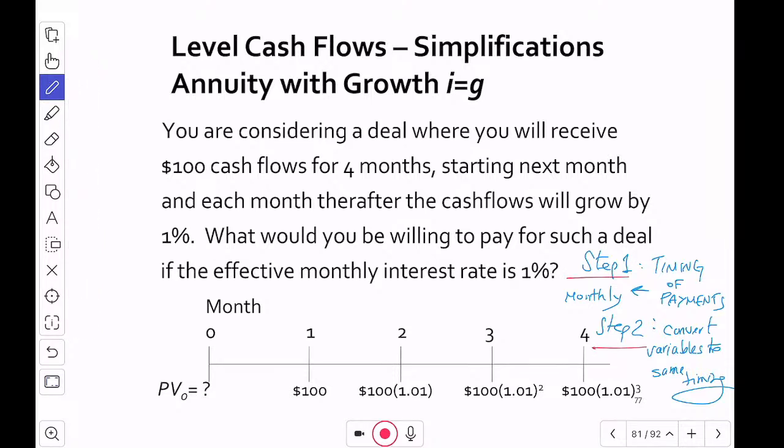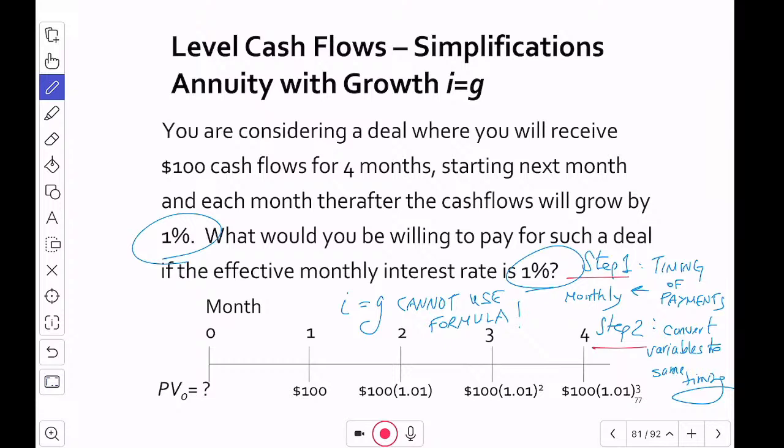So you are considering a deal. Okay, so this is the timeline. So this is growth. It's a growing annuity, but I can't use the formula because I is equal to G. So what do we do?